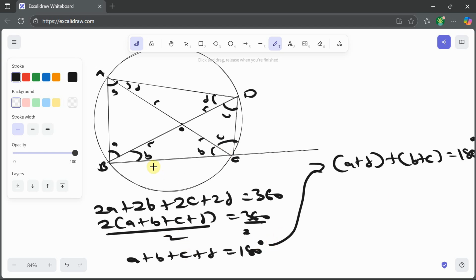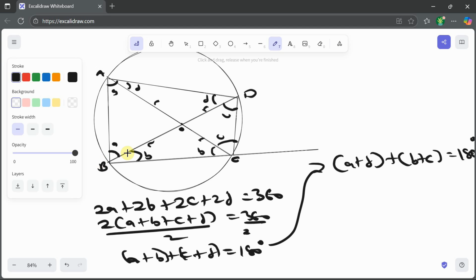Also, on the other side, I could have said A plus B plus C plus D is equal to 180 degrees. So this is A plus B, this is C plus D, and the opposite of that is equal to 180. So the sum of angles in opposite segments are supplementary.